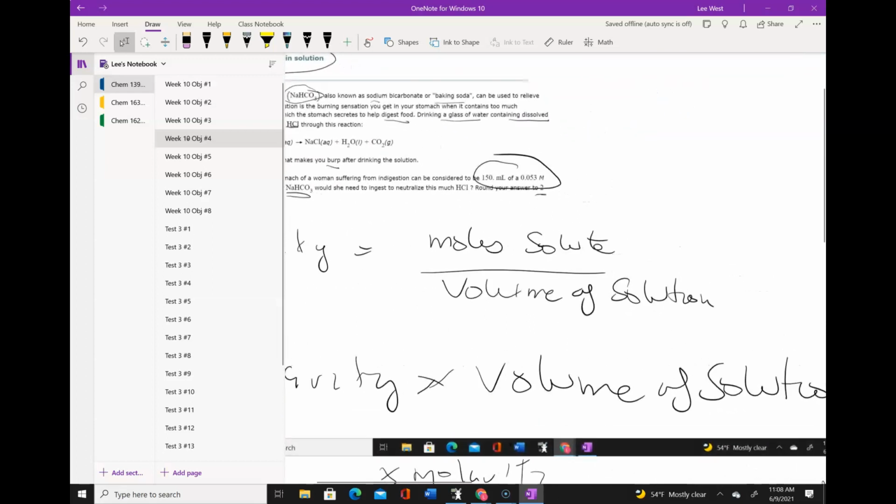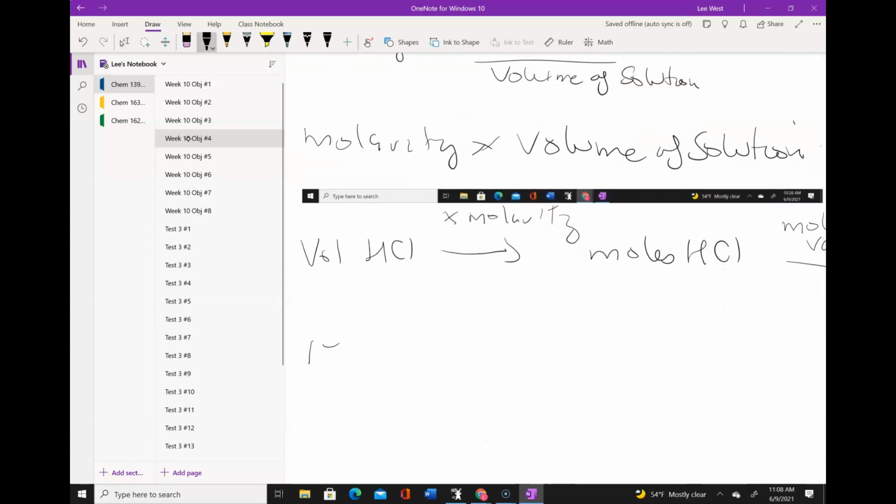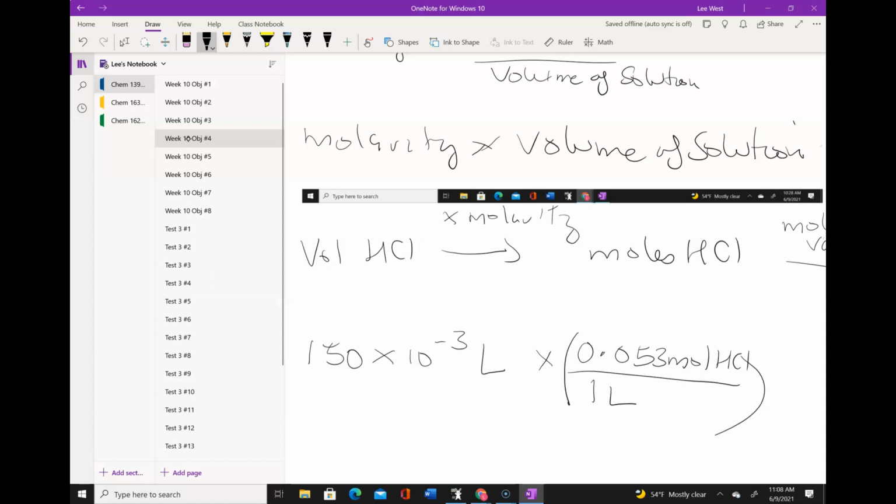So the volume of HCl is where I'm going to start, and I've got 150 mL of that. So 150 times 10 to the minus 3 liters of my HCl. And this solution contains 0.5053 moles of HCl for every 1 liter.